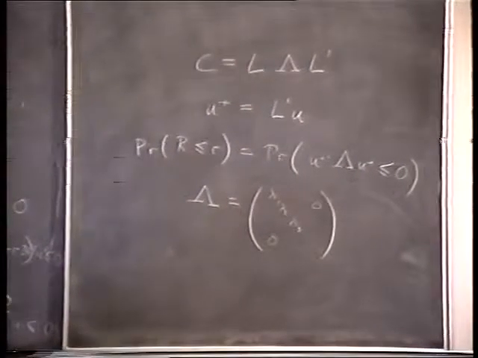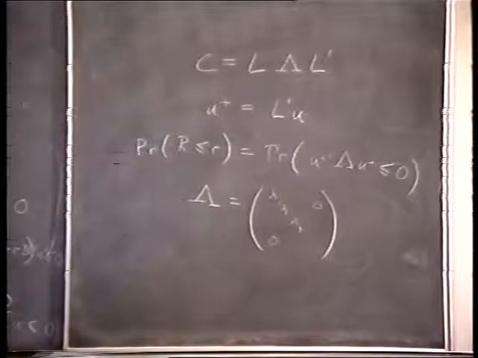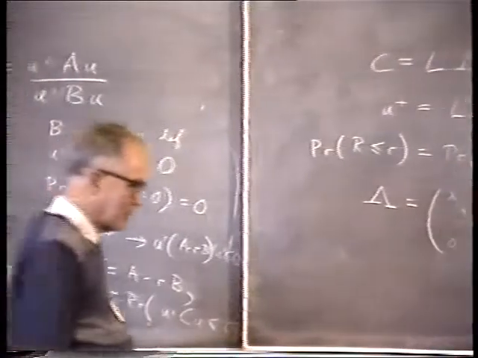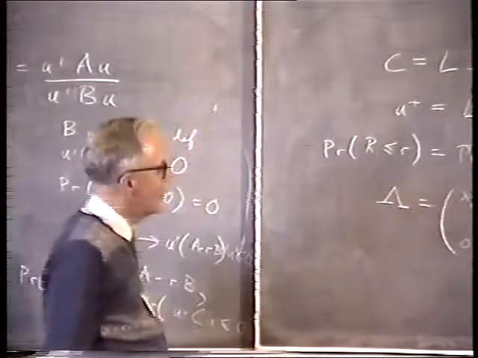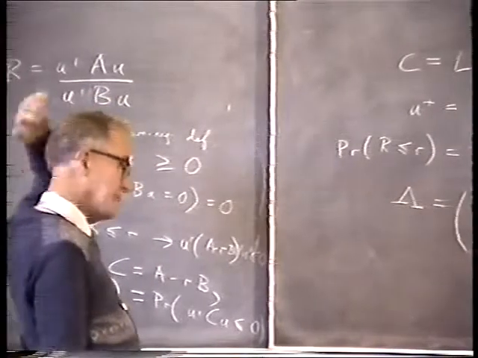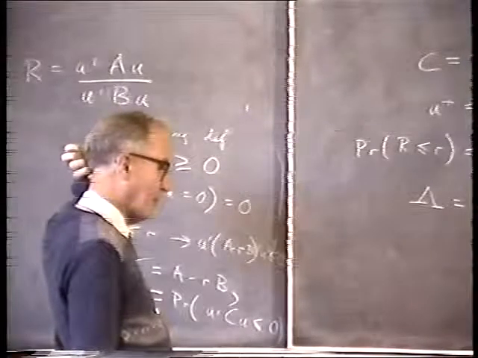So in fact, we're really only interested in cases where the roots lambda are both positive and negative. If all the roots are positive, then, as I say, the probability is 0. If all the roots are negative, then the probability is 1.